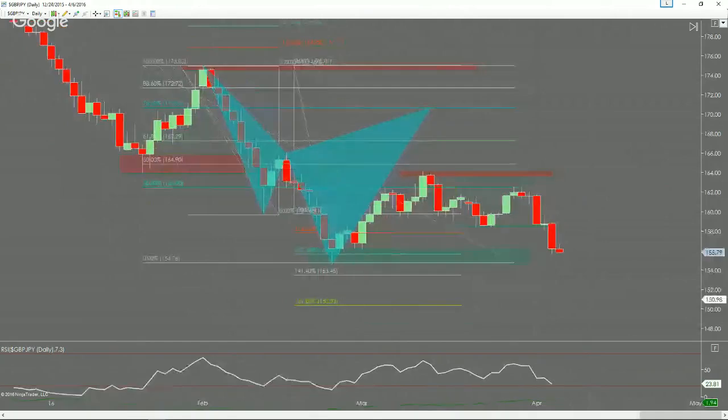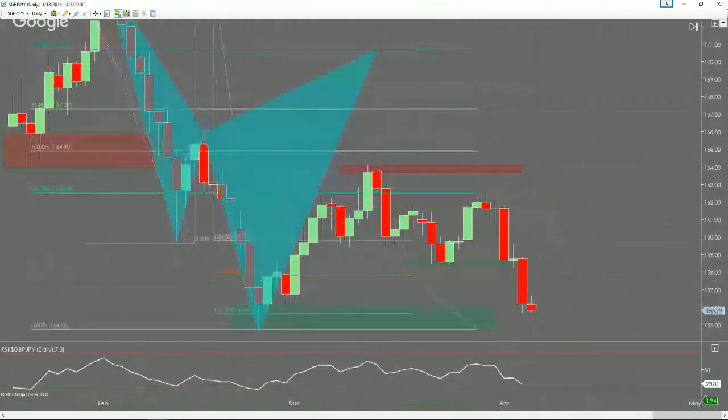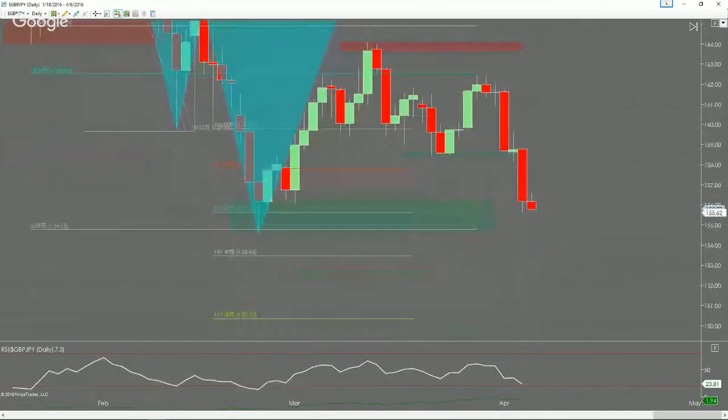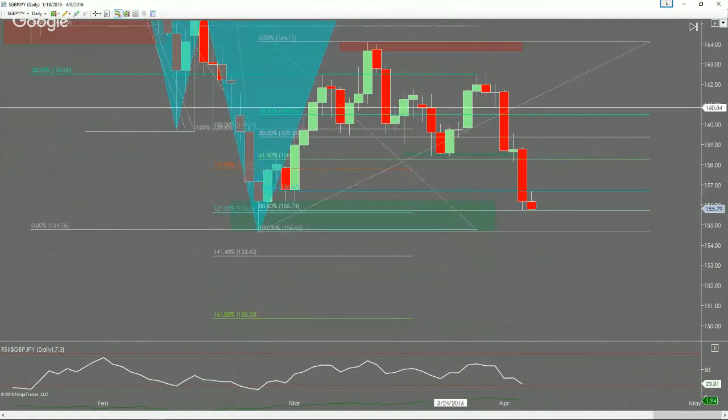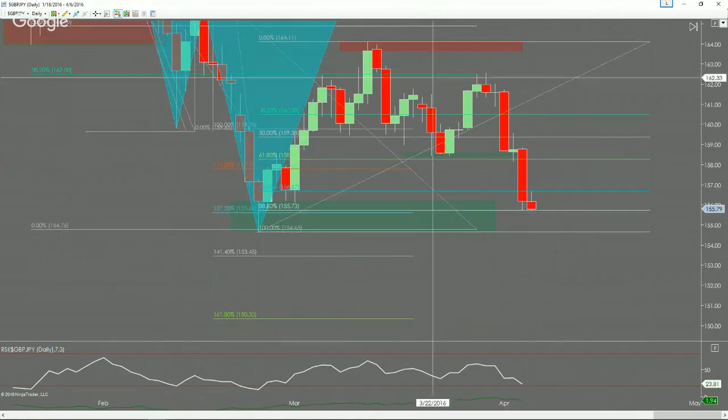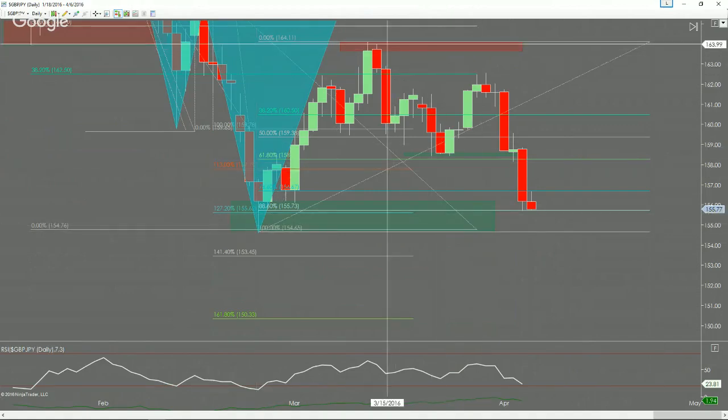But if you can see right here, we actually have another pattern right there. This is a bullish bat formation. It's actually at the completion right now and our entry point right now.